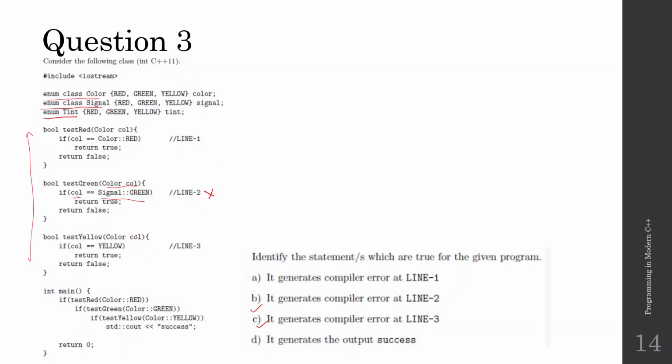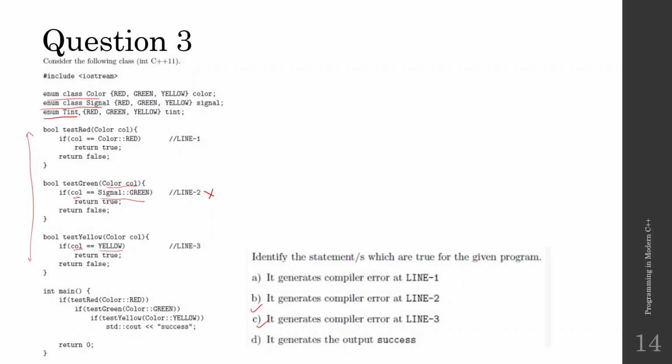And next we have this yellow one. Here also we are comparing col equal to yellow, but this yellow is not available in the global namespace. Wait, sorry. This yellow is actually available in the global namespace also. Why?